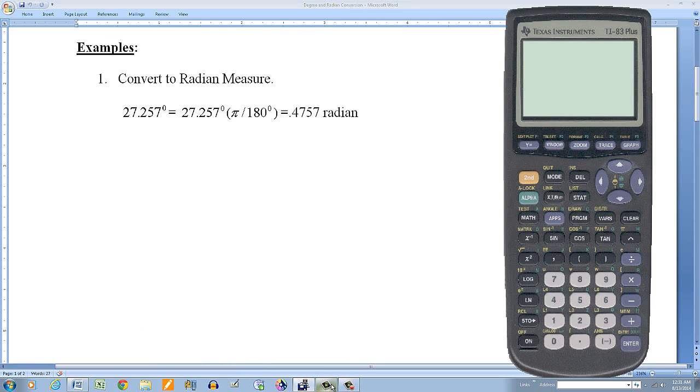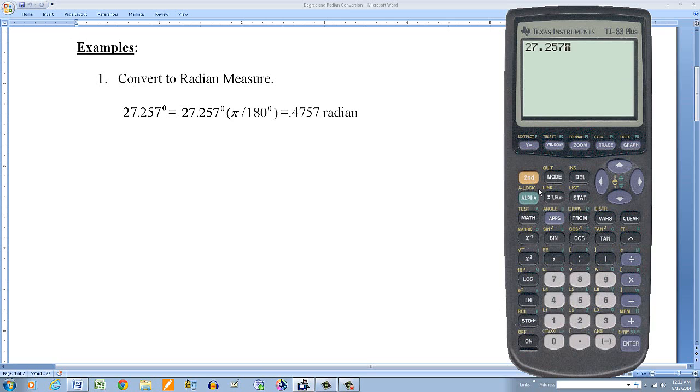Now let's do the same thing on the first one, but I'm going to do it in the calculator. So I want radians, so I want to check that my calculator is in radian mode here. And it is. Then I'm just going to type in 27.257, and I want to put the degree there.